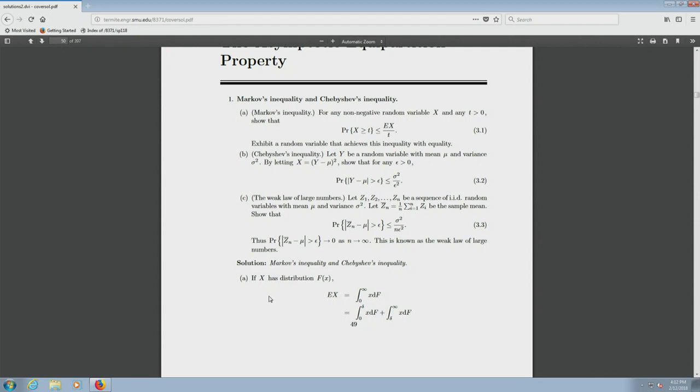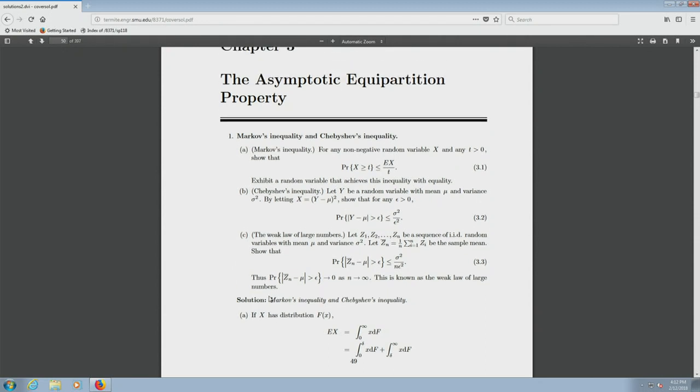So here we are at asymptotic equipartition property. Oh, there's Chebyshev's inequality. There's Markov inequality. Here's Chebyshev. And it says, show this. Supposed to prove that, which we just did. And there's more interesting stuff there.